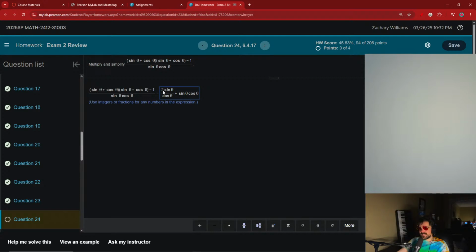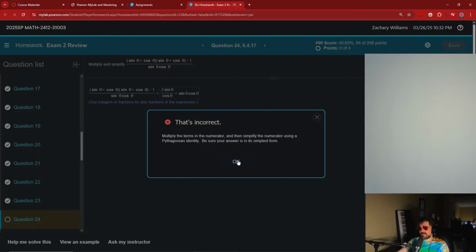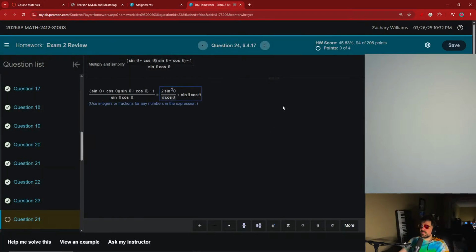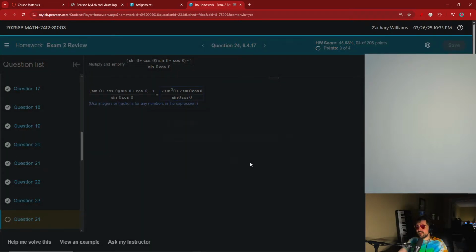Can I just make this 2 tangent? Let's see what I'm doing wrong here.